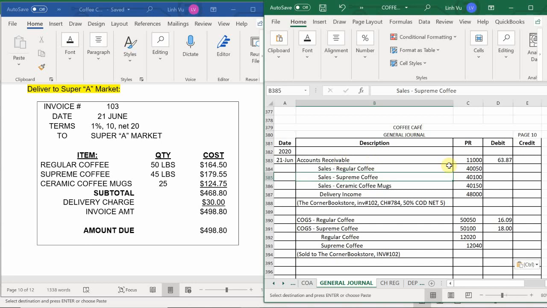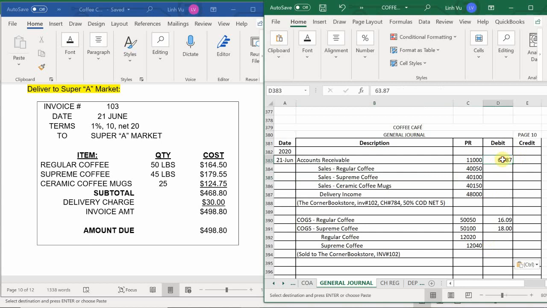So accounts receivable, sales for regular coffee, sales for Supreme Coffee, and we also sold some ceramic coffee mugs and a delivery charge. Okay, so let's go ahead and fill in those numbers.